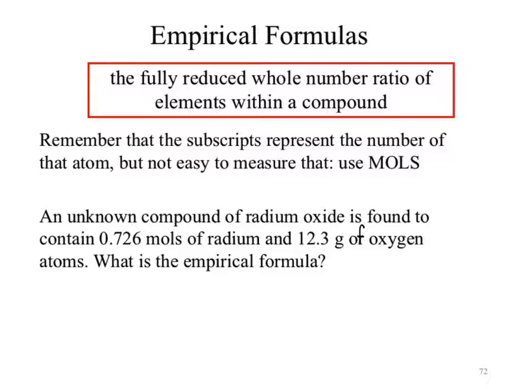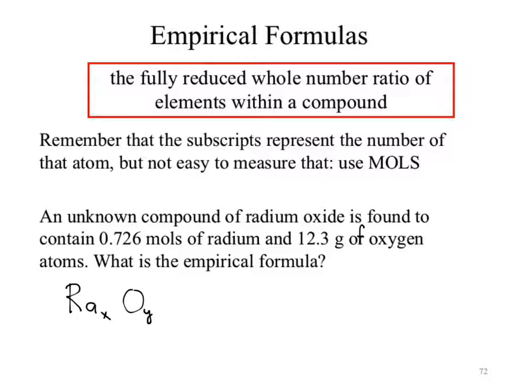What is the empirical formula? Well, our empirical formula is going to take the elements that were there, radium and oxygen, and combine them in some atom or mole amount, X and Y, because I don't know what those are. That's the whole point, is figuring out what those numbers are.